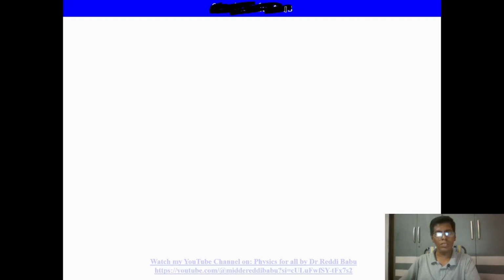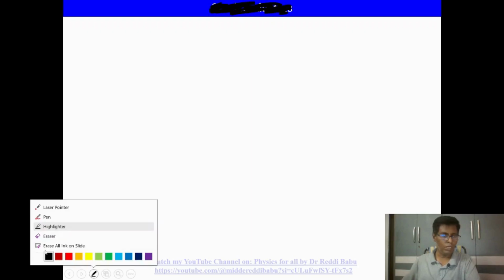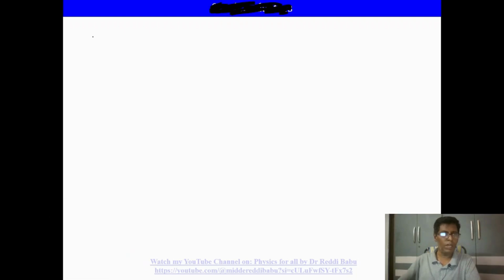Now what is our concept? We need to derive the equation for the wave function. Now this is still somewhat pending. We need to derive the wave function of the particle. Okay, therefore what we have to do, we need to write some more steps here.